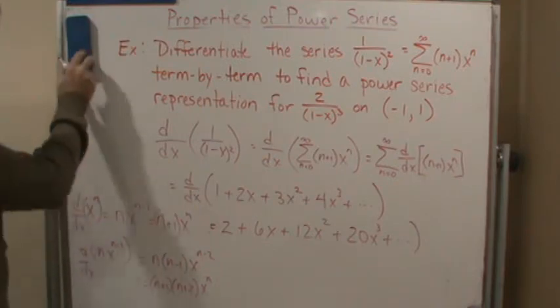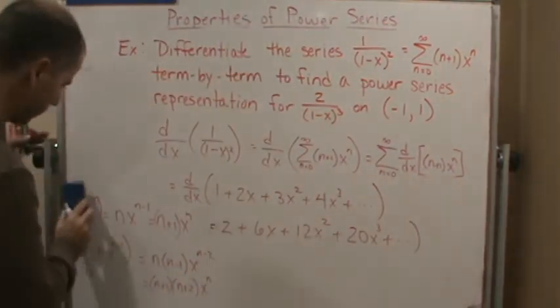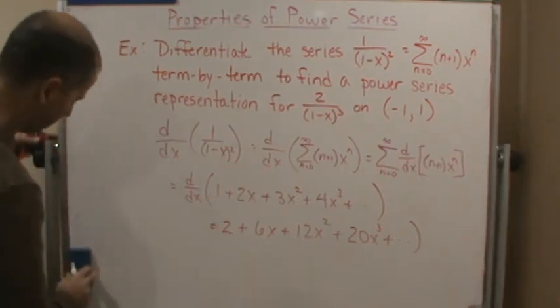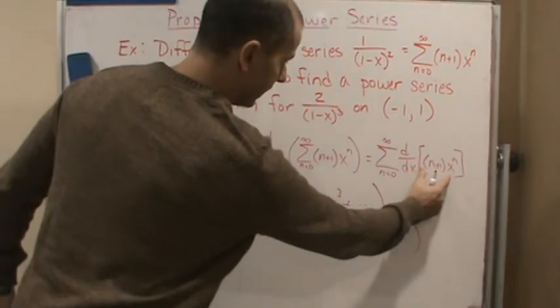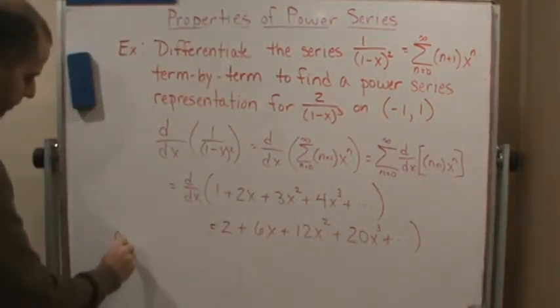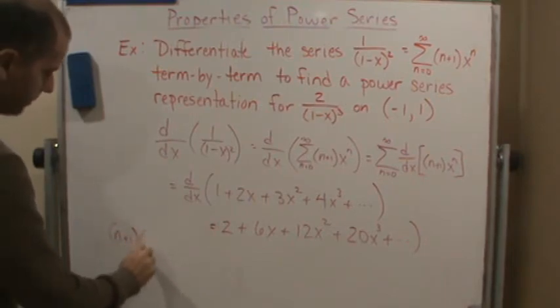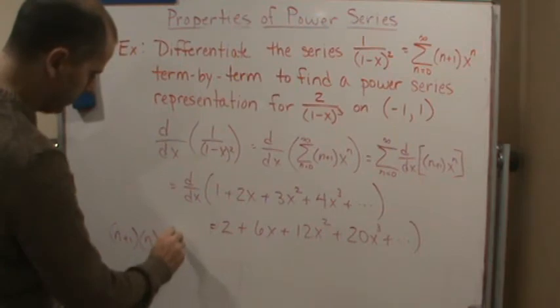Now, another thing to keep in mind: what if we started with this and just took the derivative starting there? Let's see what happens. Same reasoning. If I take the derivative of this nth term, I get n plus 1 times n times x to the n minus 1.